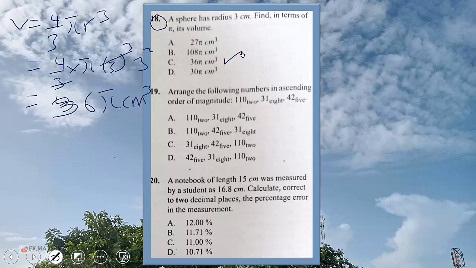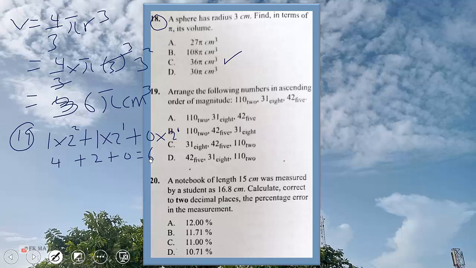We have to arrange the following numbers in ascending order of magnitude. So let's quickly convert them to base 10. Question number 19. 1 times 2 squared plus 1 times 2 plus 0 times 2 to the power 0. So this will give you 4 plus 2 plus 0, which is 6.